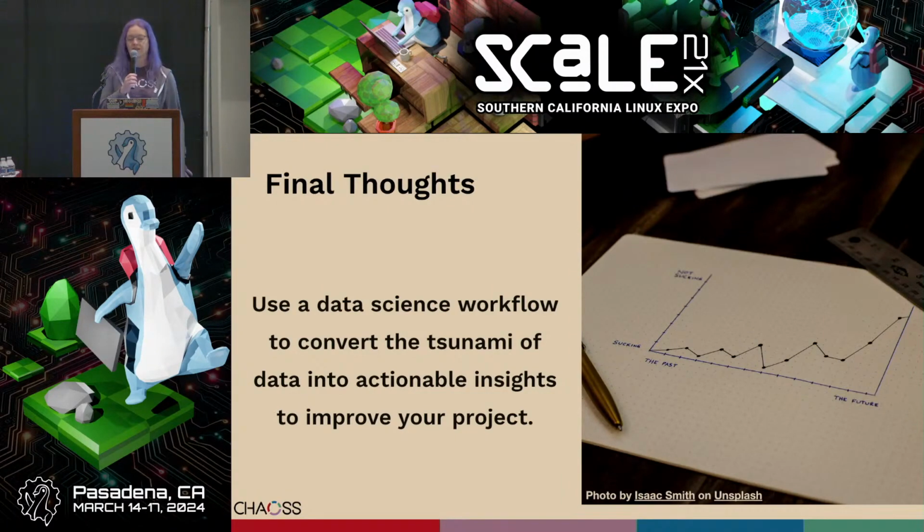Cali talked about how to use a data science workflow as part of your process for thinking about how you can use data to answer the questions you have about your project, along with how to gather your data and store it in a standardized data structure, like a database, for example, to give you the flexibility that you need to answer additional questions in the future, so that you can reuse what you've already gathered to produce additional visualizations from that same data. You should also think about how you can build on the work that other people have already done, right? Like the metrics and software that we've developed for the CHAOSS project, for example.